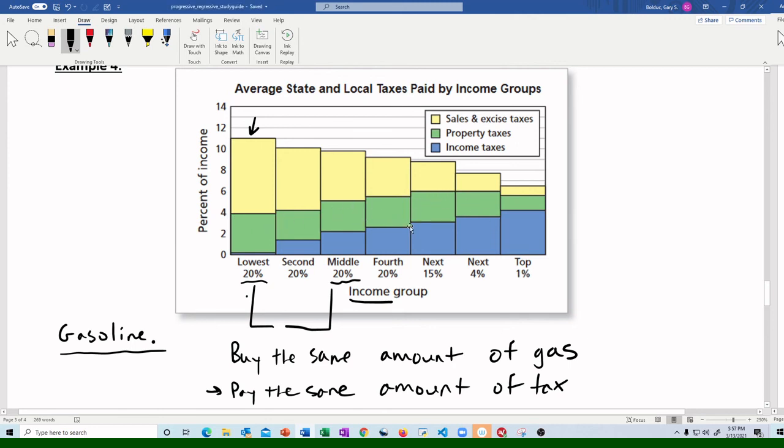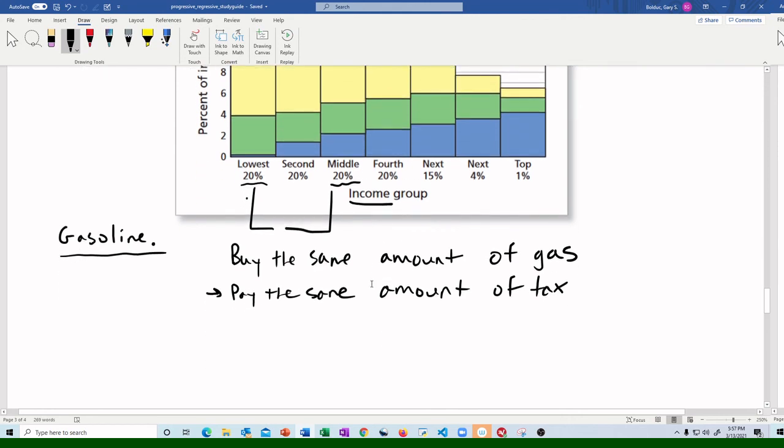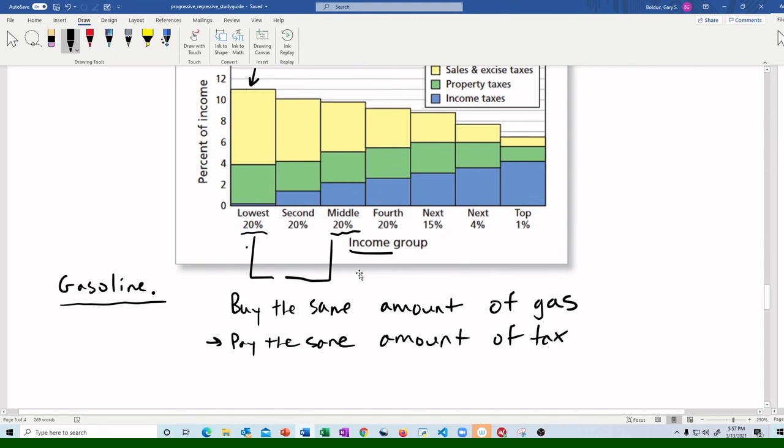And if you're wondering what's happening there, just think about what happens in general. As you make more money, if you own property, because you're paying property taxes, you will more likely have a more expensive house. And so your income and your property tax are both growing together. And that's why the proportion stays the same.